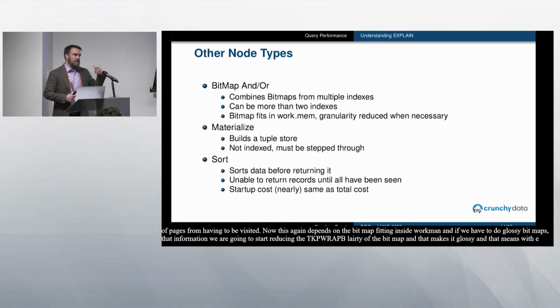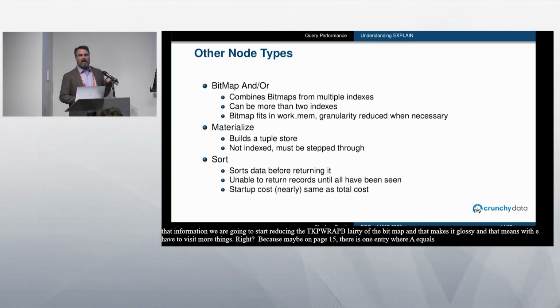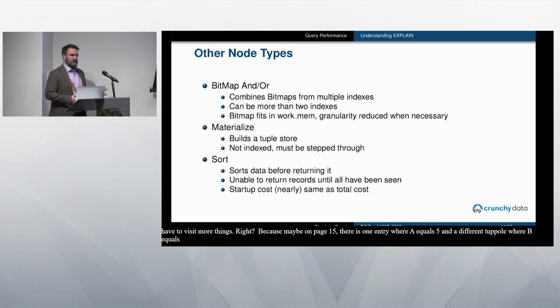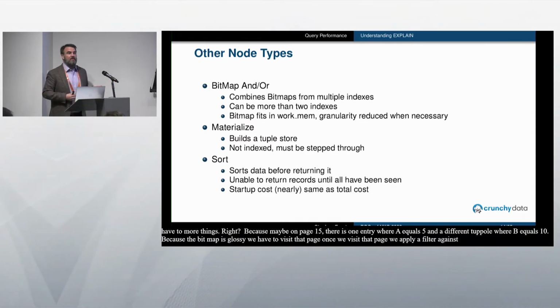Because maybe, on page 15, there is one entry where A equals 5 and a different tuple where B equals 10, right? But because the bitmap is lossy, we still have to visit that page. And then once we visit that page, we'll apply a filter on that page against all the tuples on it and realize that there aren't actually any tuples there that we need.